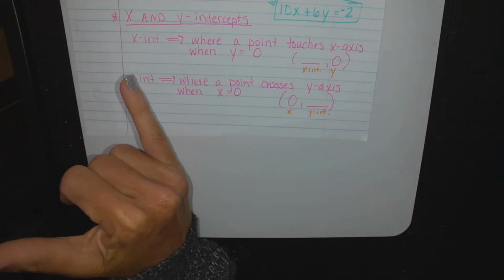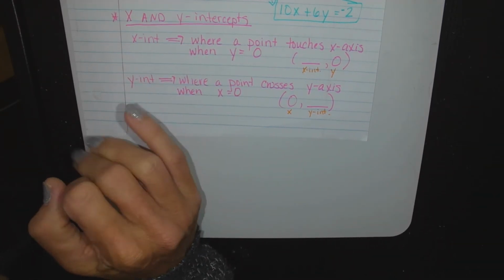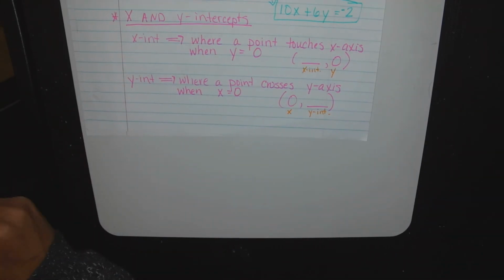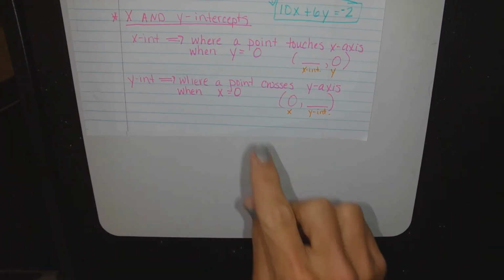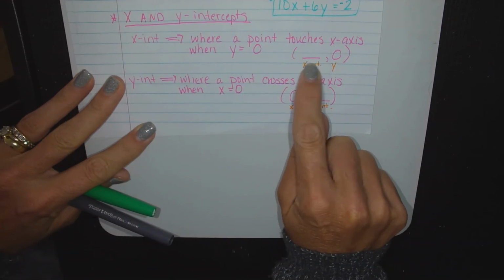So x and y intercepts are as follows. The x-intercept is where a point touches the x-axis. That means it will be on the x-axis, the horizontal axis, and it is a point when y is always 0.